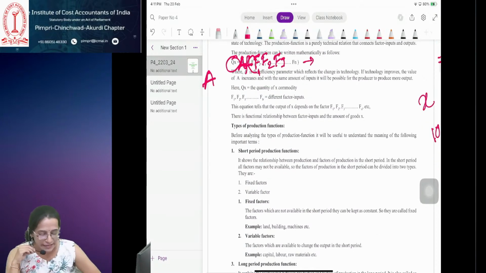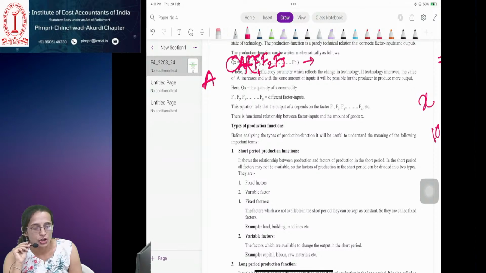Here, Qx is the quantity of X commodity. F1, F2, F3, Fn are different factor inputs. This equation tells that the output of X depends on the factors F1, F2, F3 till Fn. There is a functional relationship between factor inputs and the amount of good X. What does this mean?